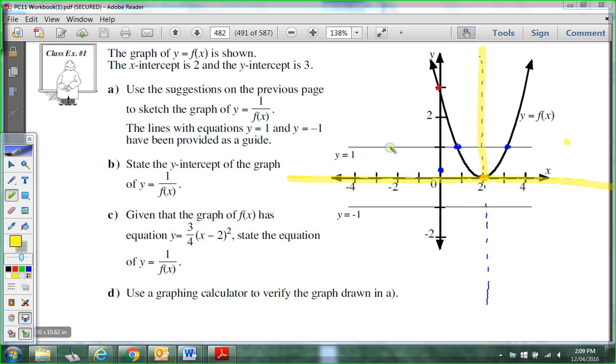So we have 2 sections for my graph. It's going to make this kind of movement. Go with green, and it's going to do this, like that, and it's going to do the same move like that. So the green is our reciprocal function's graph.